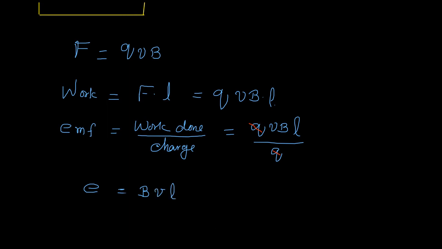In this case also, the EMF induced in the coil, which is placed in a uniform and time independent magnetic field B, and if the rod PQ is moving with velocity V, is E, which is equal to BVL or BLV. Thank you.